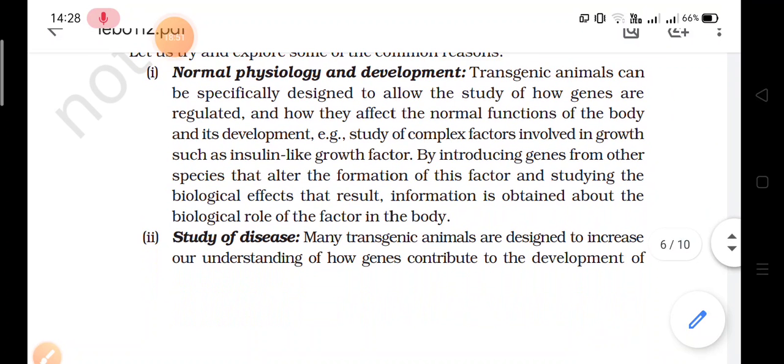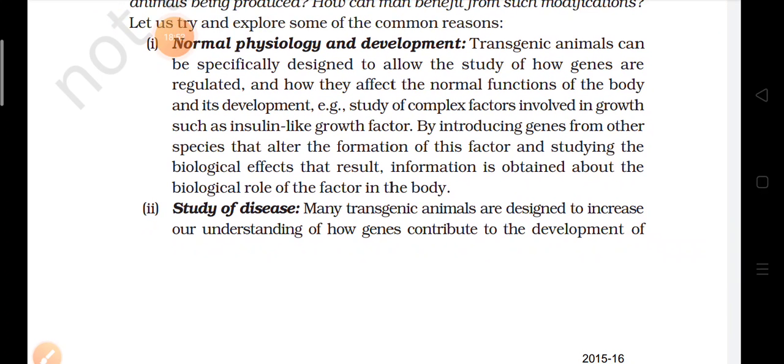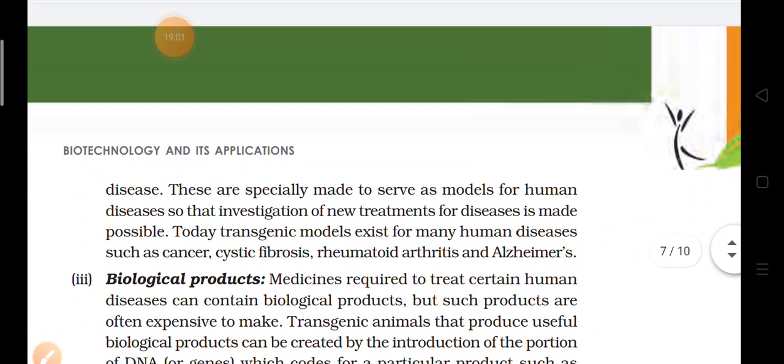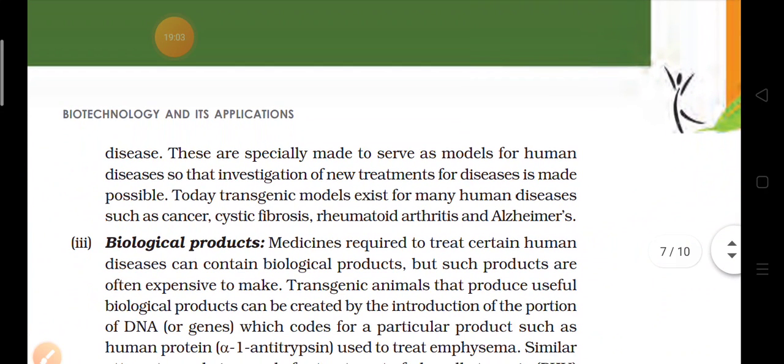Now second is study of disease. Many transgenic animals are designed to understand how genes contribute to the development of a particular disease, and they are specially made to serve as models for human diseases. So what will be done? DNA from the human body will be taken and introduced into the body of that animal.